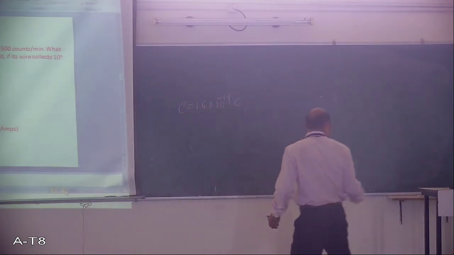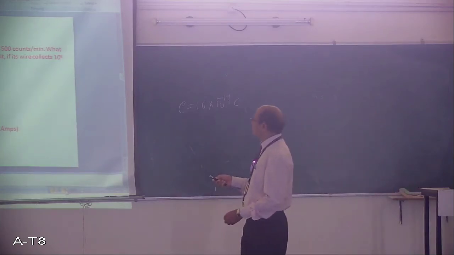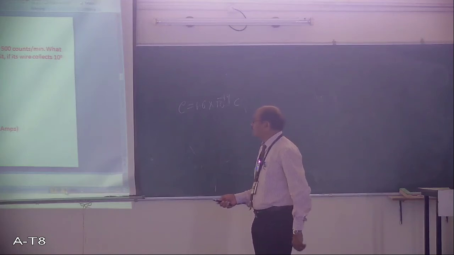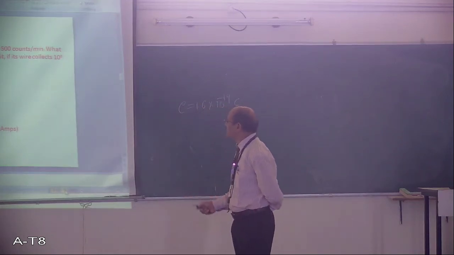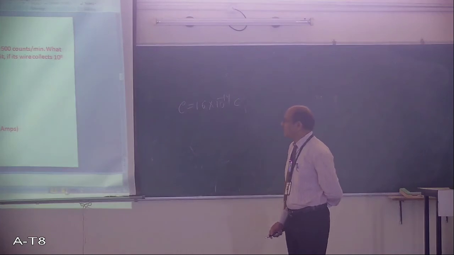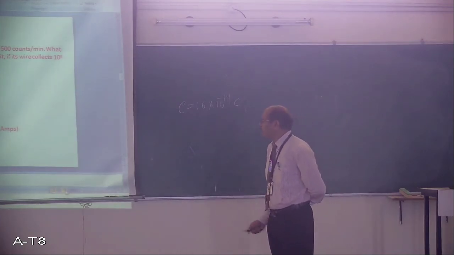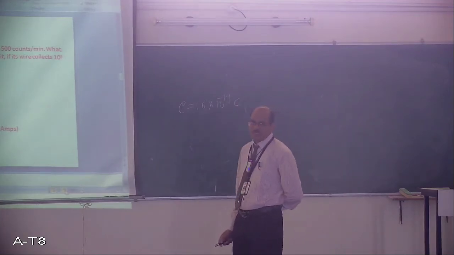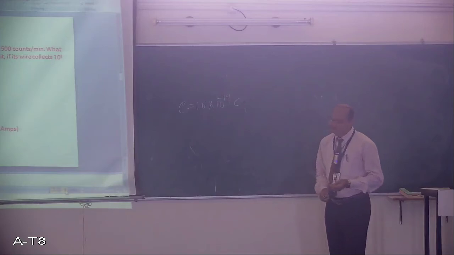Then R, the count rate, is given here. Then time in seconds, that is 1 minute is to be converted into second, that is 60 seconds. So if you substitute in this formula, you will get I equal to 1.33 × 10⁻¹⁰ amperes. Okay, like this several problems you may solve.